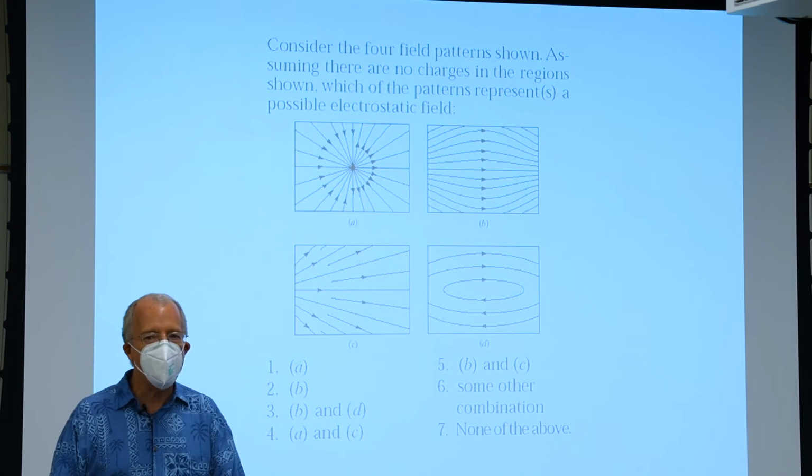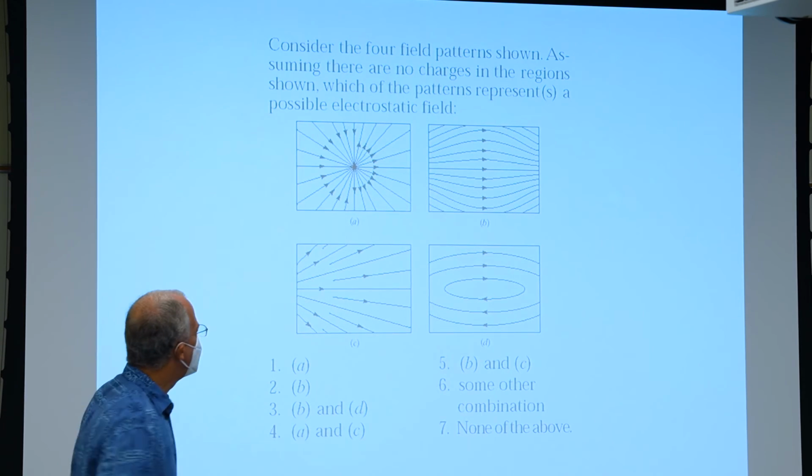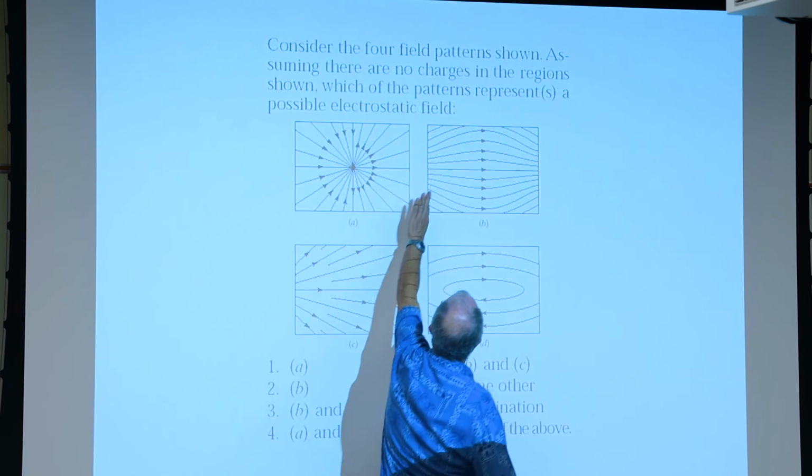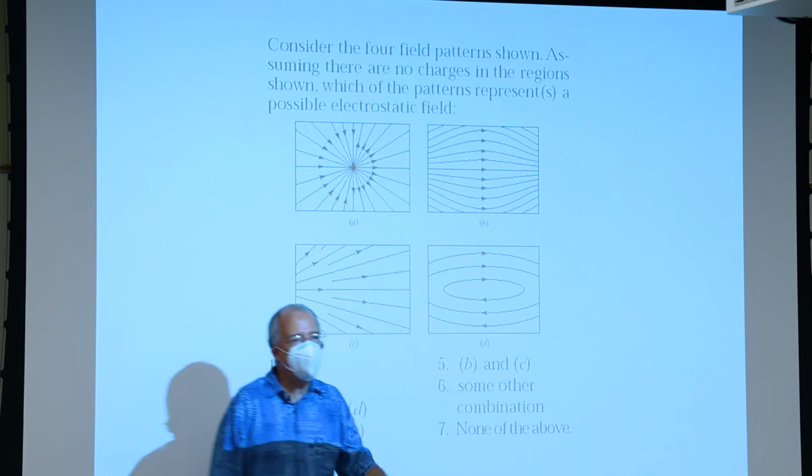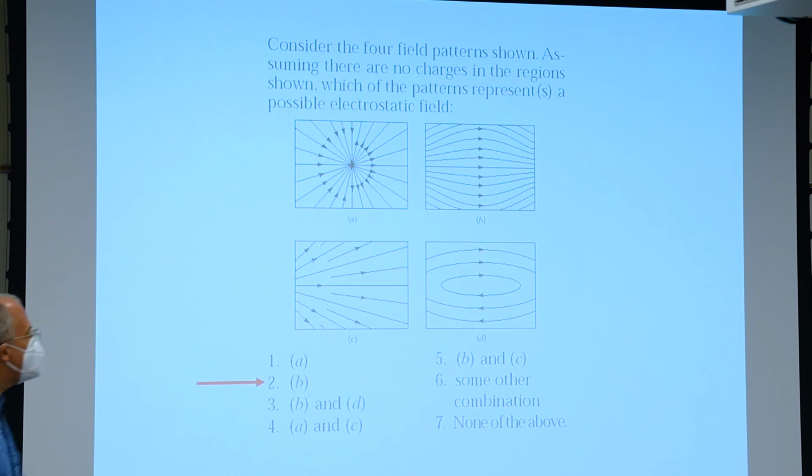Is there anything wrong with it? No. There's some kind of positive charge over here somewhere, some kind of negative charge over here, and it's not uniform. That's okay. So that's the only one that's all right. Any questions? It's okay to ask questions.